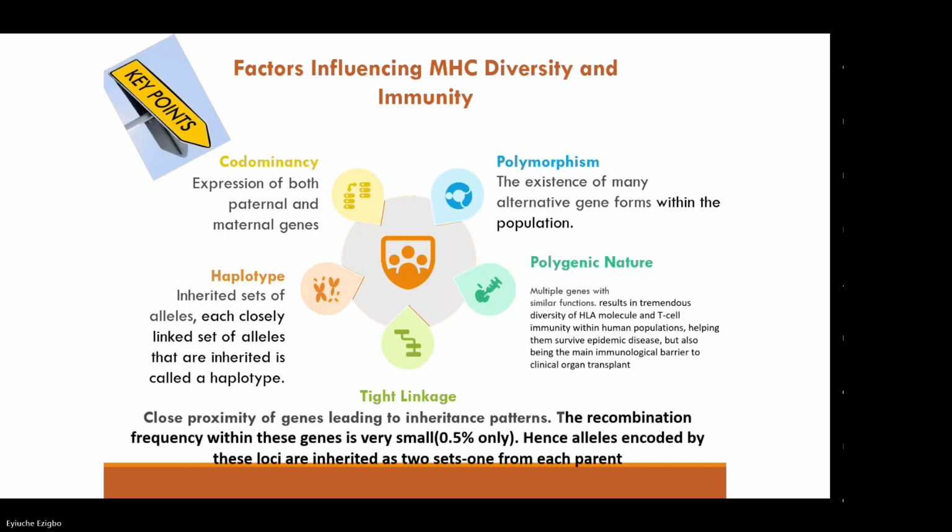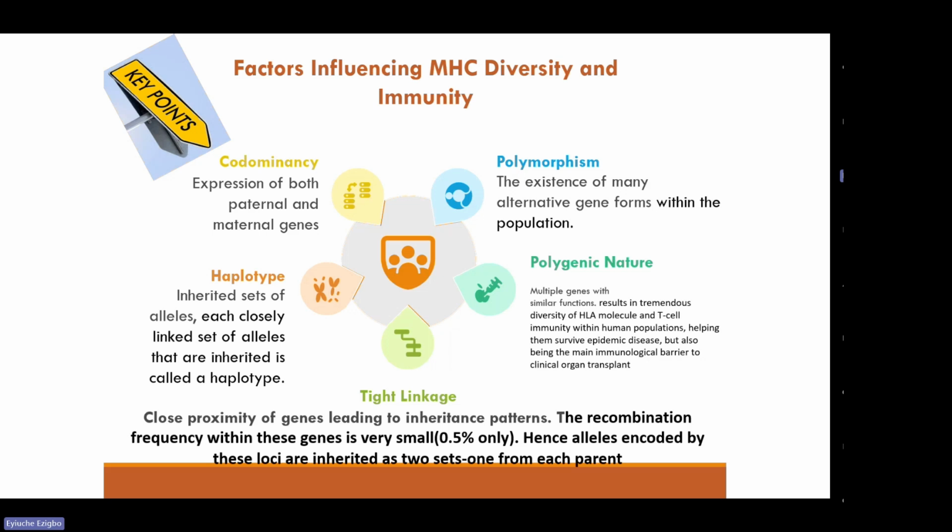So what we take out from this introductory lecture is the factors influencing MHC diversity and immunity. We say that the MHC complex is co-dominant, with expression of both paternal and maternal genes. Whatever you inherit from your father in the MHC complex and your mother in the MHC complex are being expressed on the same cells.